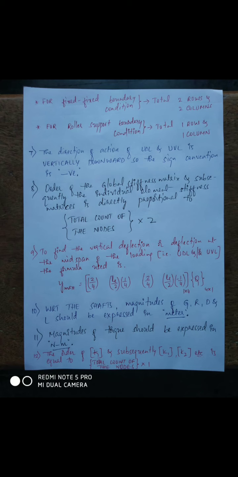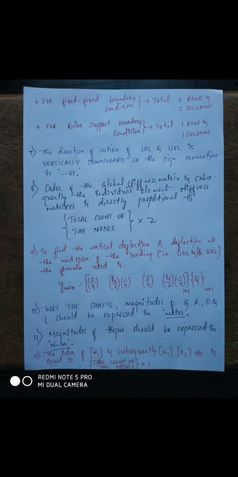Whatever the torque that is being applied at a particular node of a shaft structural member, it should be expressed in SI unit Newton meter, either from kilonewton meter or kilonewton millimeter or kilonewton centimeter, whatever which is given within the problem definition.